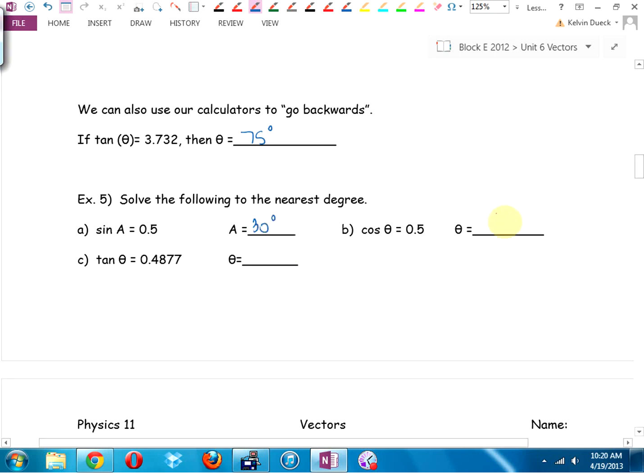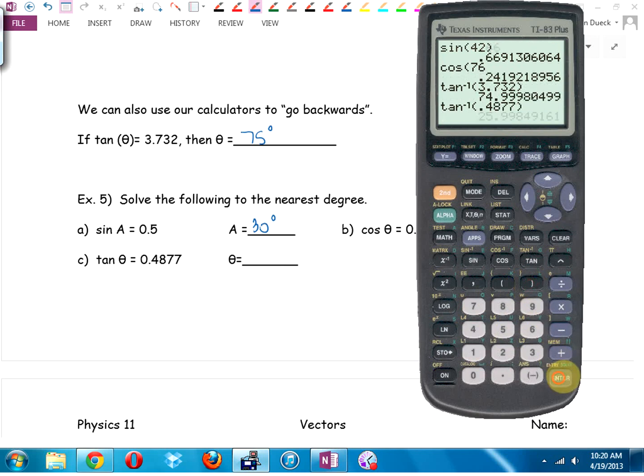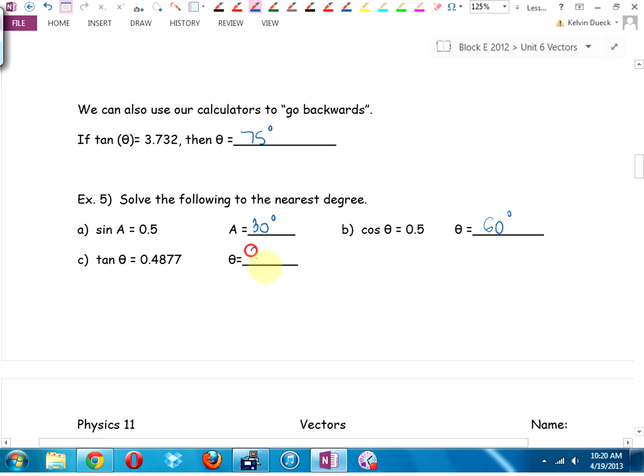I know this one. I think. Yeah. I don't know this one. You get 30 degrees, 60 degrees, and 26 degrees?